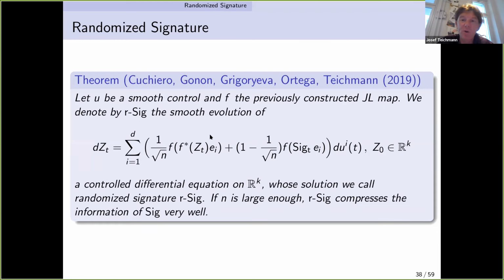And when you look at this, you can actually prove that for large enough K, sorry, the dimension K should be large, this approximates well the information contents in the signature, at least on a compact interval in time and for epsilon small enough.